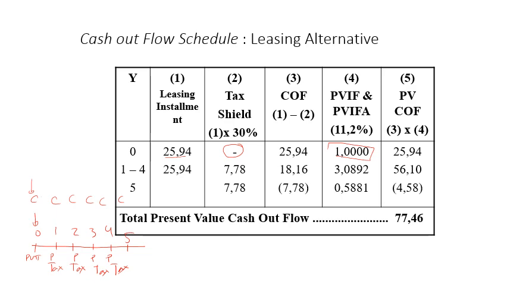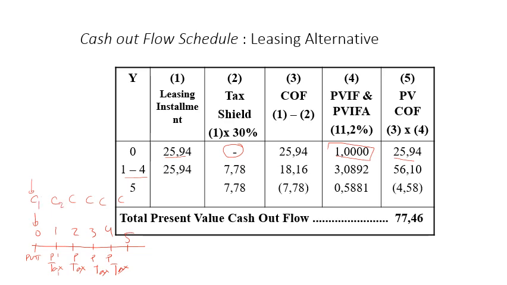Okay, so the present value of the cash outflow will be 25.94 times 1. And from 1 to 4, because it has the same payment and also the tax shield, the cash outflow is also the same.